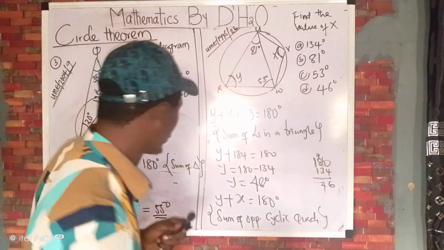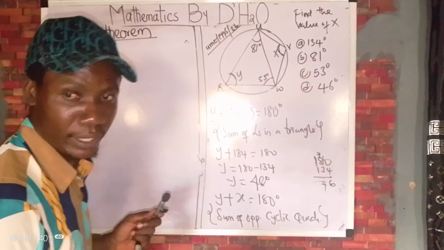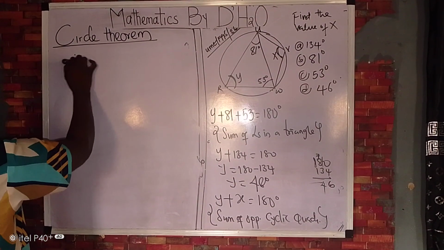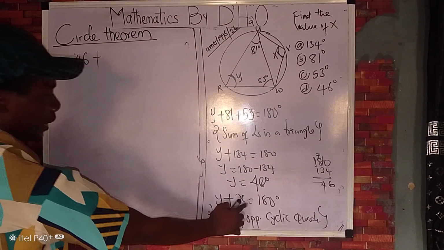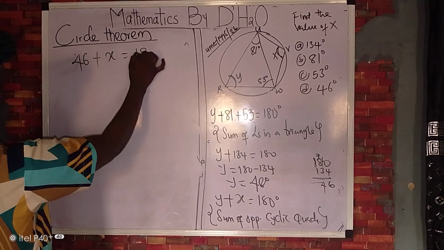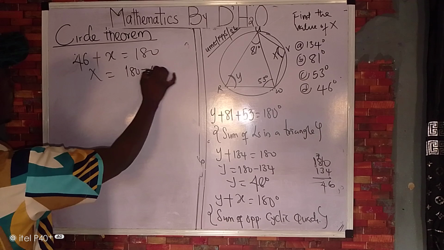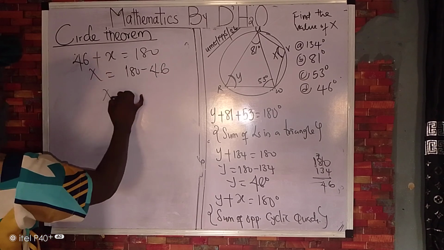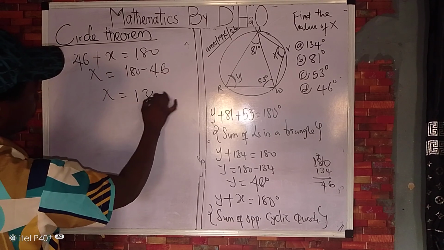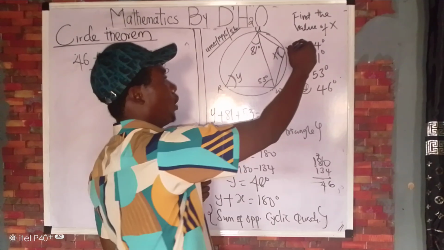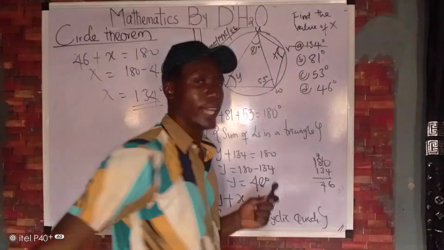Is that clear? Good. So Y, which is 46 degrees, plus this X is equal to 180. So X, collecting like terms, you have 180 minus 46. X will give us 134 degrees. So the answer to this question is what? 134.